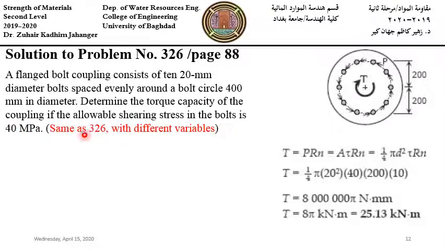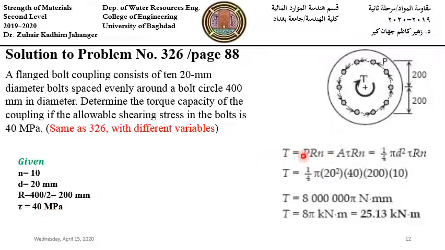It is the same problem 326, but with different variables, different figures. So this is the figure. So given n equals 10, d is 20 millimeter, R is 400 divided by 2, which is 200 millimeter, and tau is 40 megapascal.